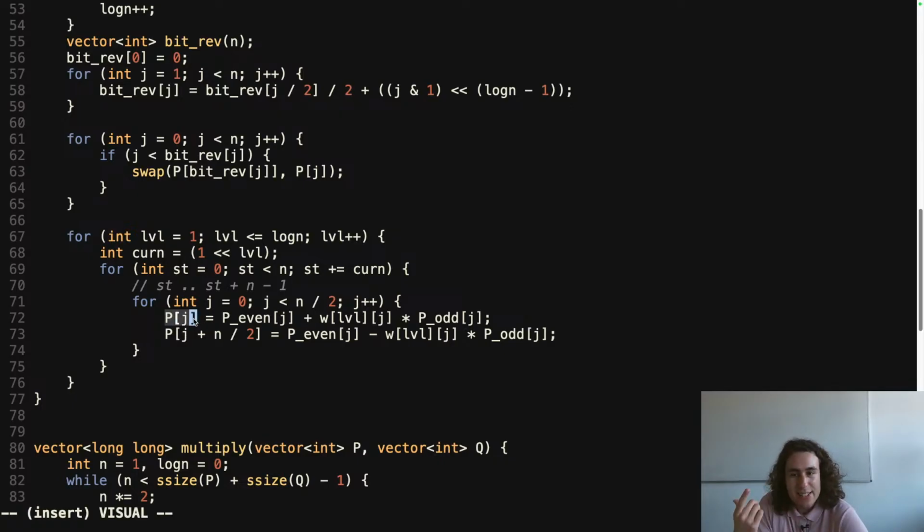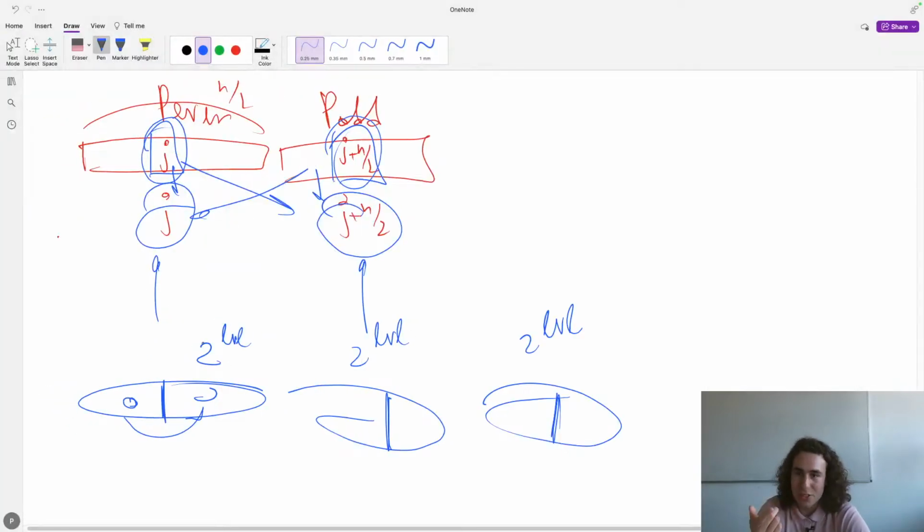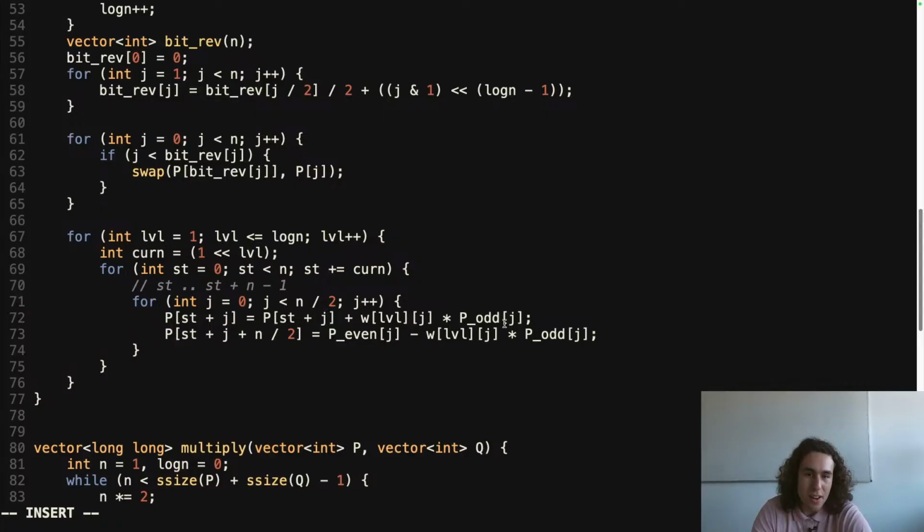Before we had index pj, but this pj was from the start of our current chunk, but now our current chunk starts not in position 0, but in position st. So we always need to add st everywhere. And p even j is again p st plus j, as I already explained. And p odd of j is p st plus j. So this is what we do.